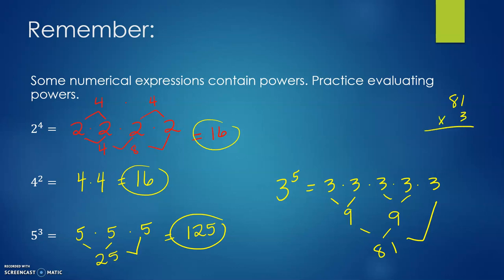And I need to do that over here on the side. 3 times 1 is 3. 3 times 8 is 24. So the value of 3 to the fifth power is 243. So just remember that switching the base and the exponent does not always give you the same answer. Over here, that was a coincidence. So there is evaluating exponents.